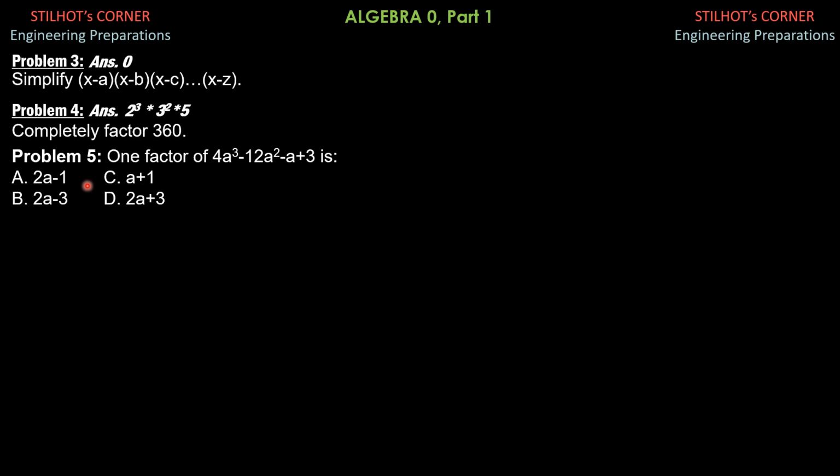Then all you have to do is, in your calculator, type 4 alpha x cubed minus 12 alpha x squared minus alpha x plus 3.